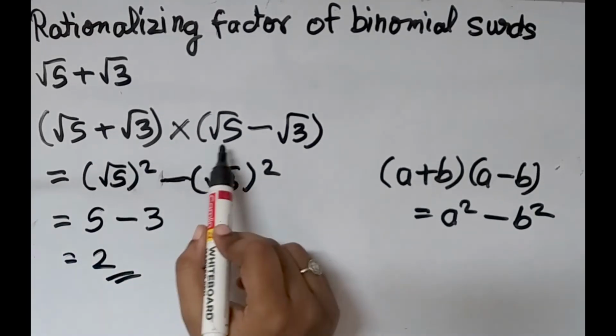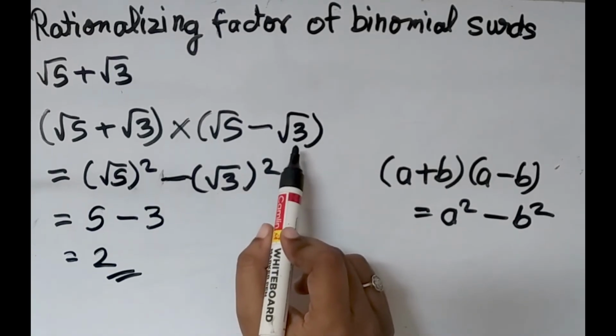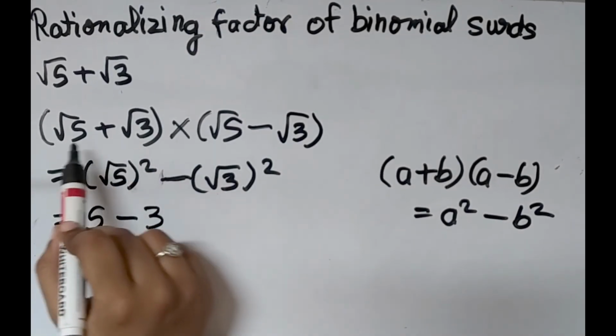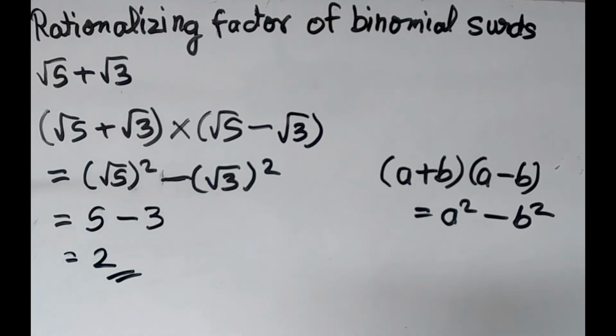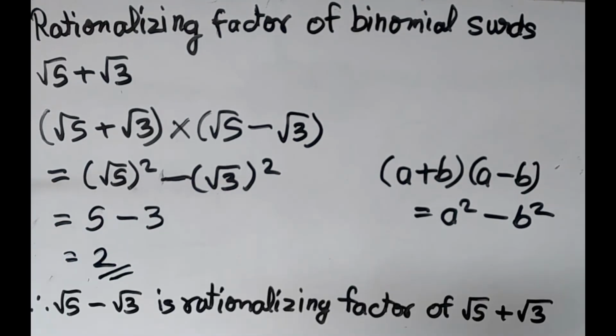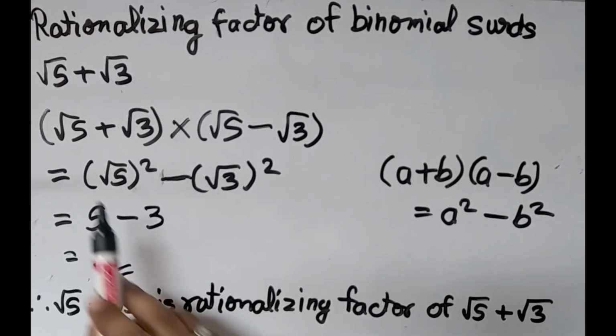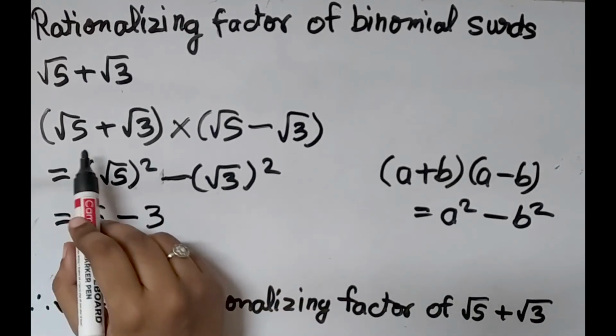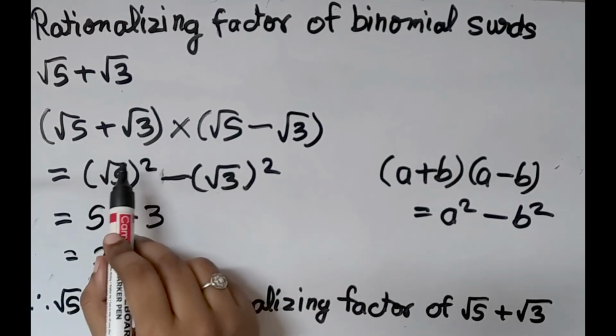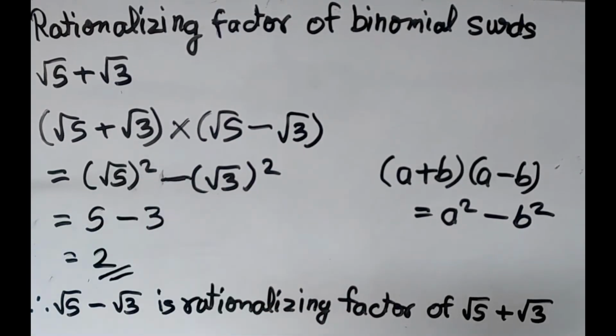So this root 5 minus root 3 is the rationalizing factor of root 5 plus root 3. And this root 5 minus root 3 is called the conjugate pair of root 5 plus root 3.